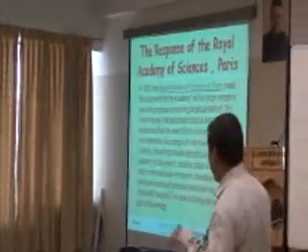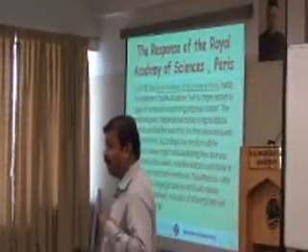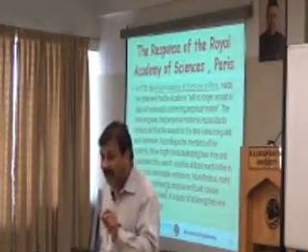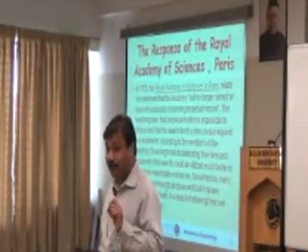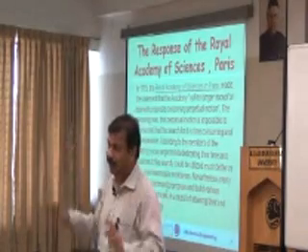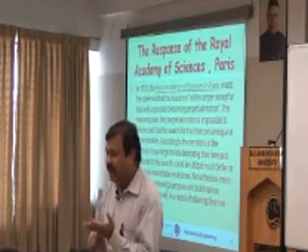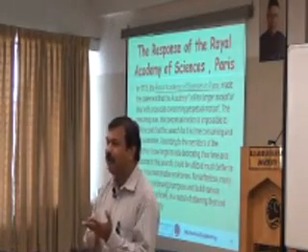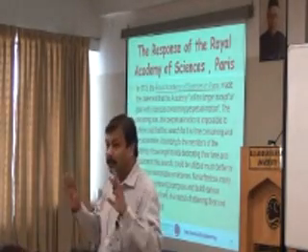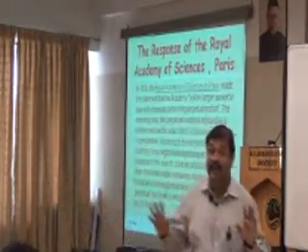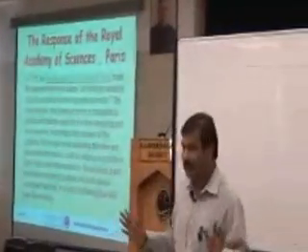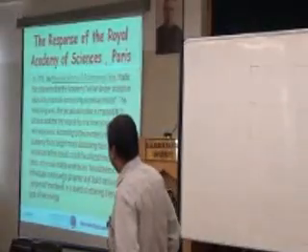Please believe me, I showed this particular slide. The Royal Academy of Sciences, where many great scientists work, did not conclusively prove that a perpetual motion machine will not work. Serious statement.